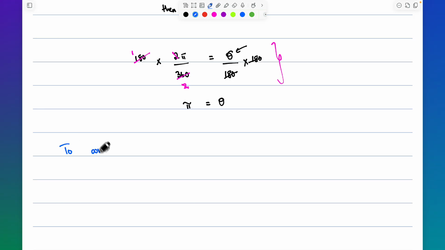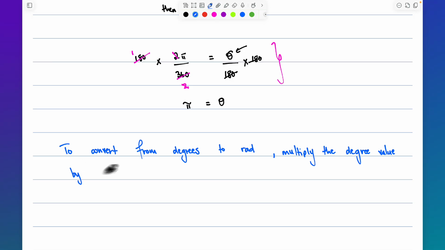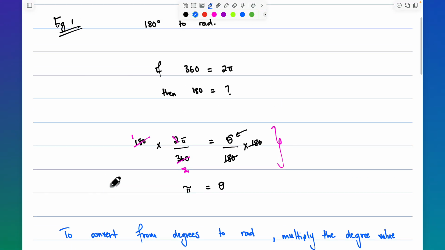To convert from degrees to radians, multiply the degree value by 2 pi over 360. So essentially on this side, you're also going to have 2 pi over 360 is equal to whatever angle I'm looking for divided by the angle that I'm given.